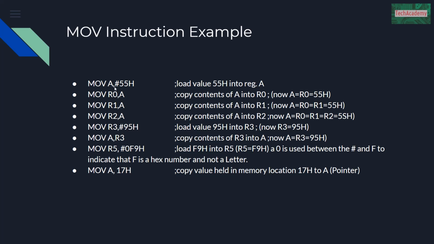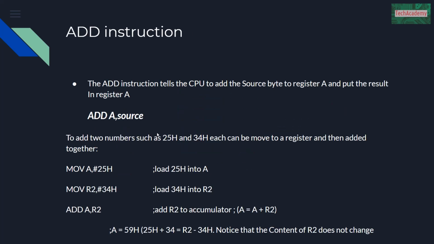Okay, then we can move data from accumulator to any R0 to R15 register, or from any R0 to R15 register to accumulator, right? So this is how the move instruction can be used to transfer data between registers. So the next instruction is the add instruction.